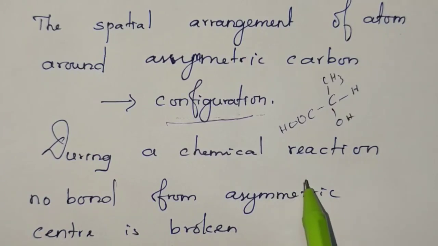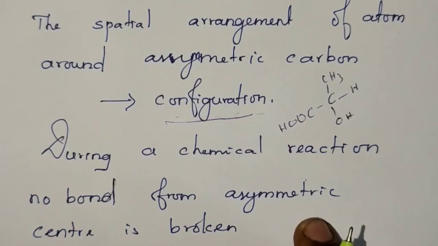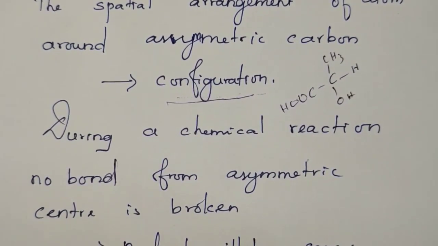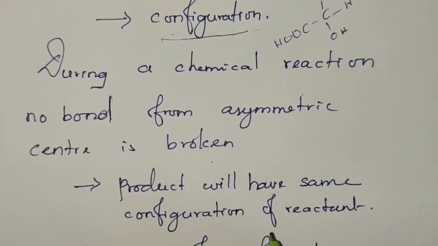During a chemical reaction, if no bond from the asymmetric center is broken, then the product will have the same configuration as the reactant. Both the product and the reactant have the same configuration.